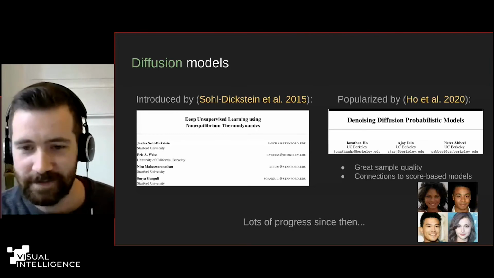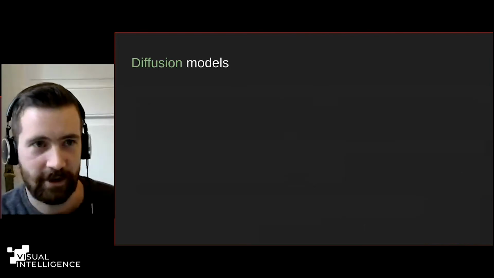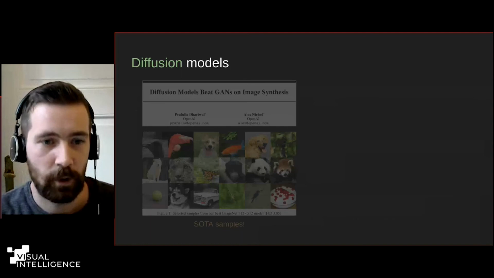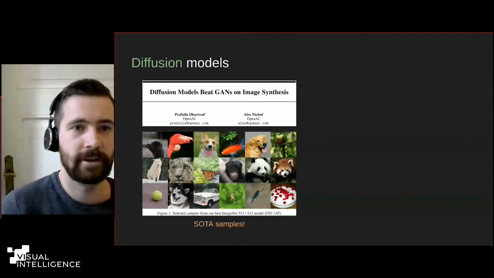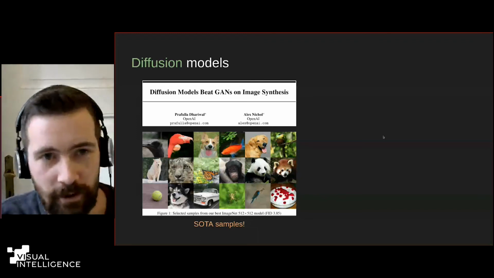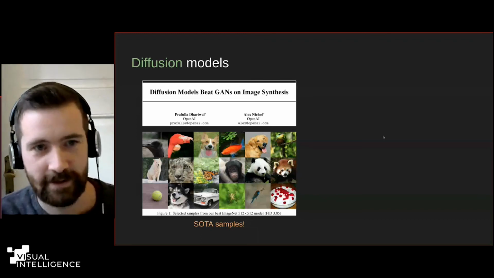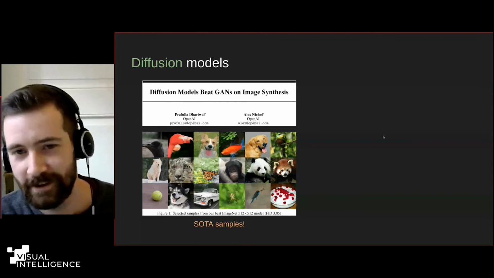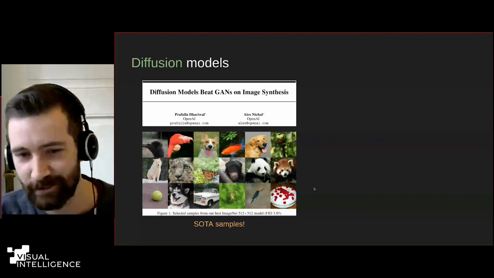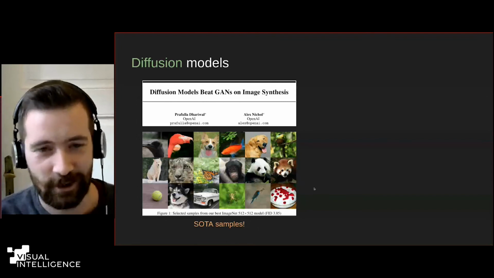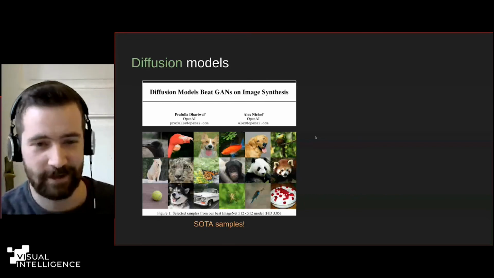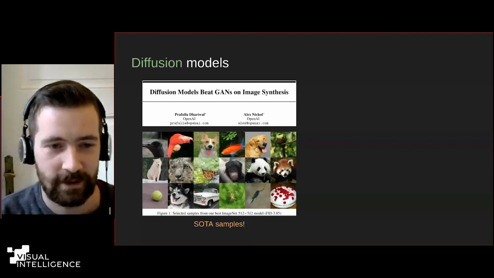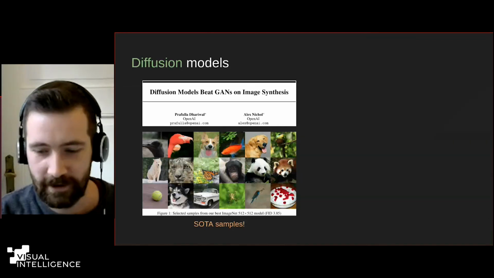So in the last year or so, and this year, OpenAI had this paper, which showed that they actually now can beat GANs on image synthesis. So this is really interesting because GANs have really been known to be the go-to model if you want to generate nice images, and it's been like that for a long time. So now they have state-of-the-art samples there.